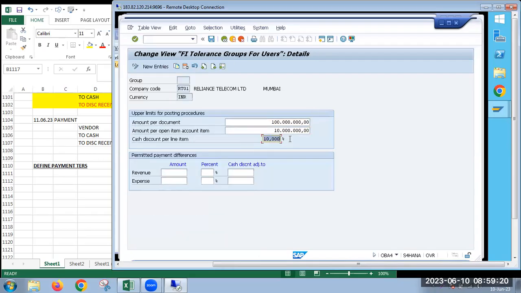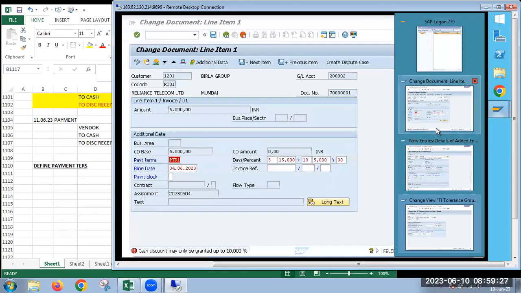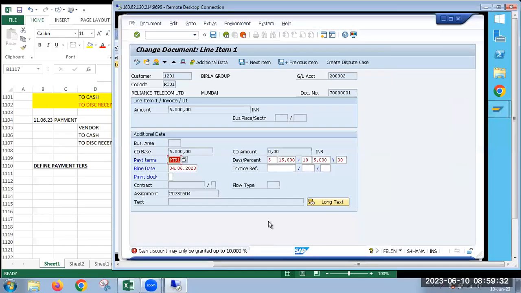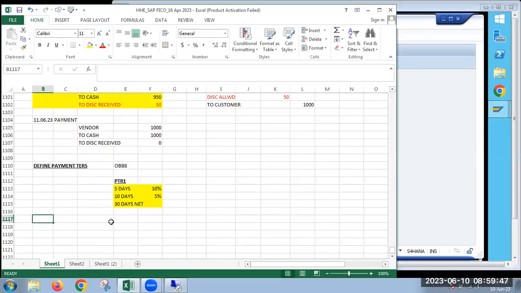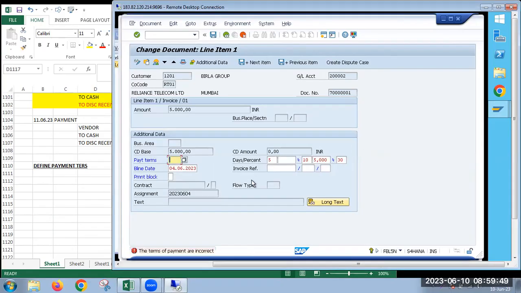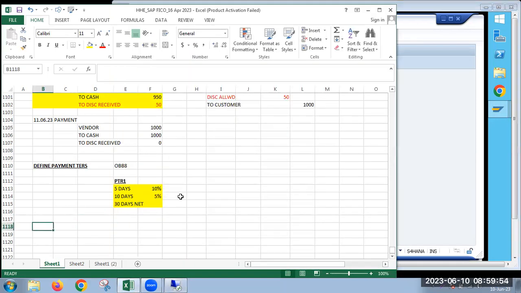See, 10%. So with our company code, this is the maximum. So you can see the effect over here. Anyway, let's go for the standard one. Whenever you go for a transaction, the system will identify this discount, and by the configuration, next what we have to do is the GL accounts.